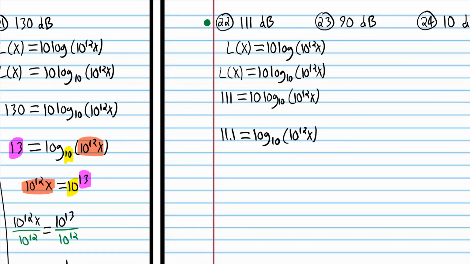Now we're going to translate to an exponential expression. This number is always the base. Whatever the logarithm is equal to is always the exponent. And whatever's in the log function goes on the other side. So now, just to make things clear, I'm going to show the division. We're dividing both sides by 10 to the 12th.